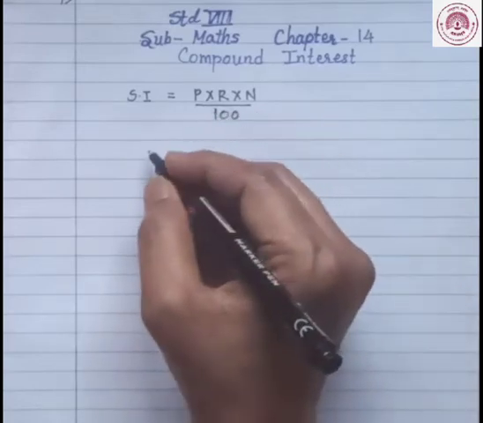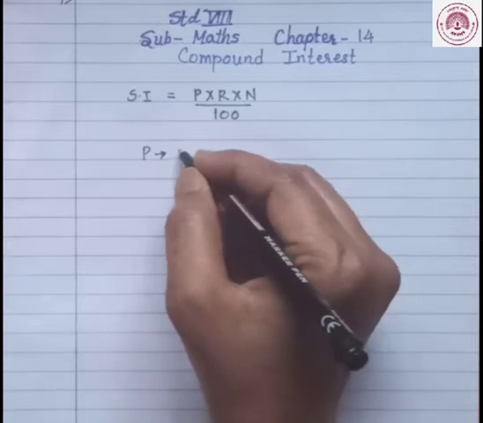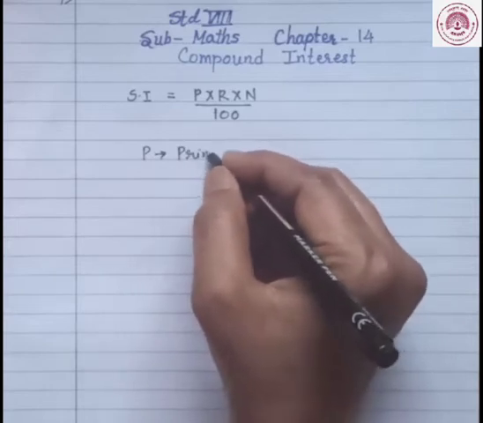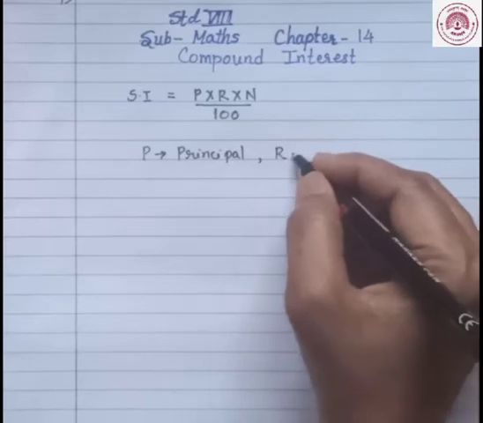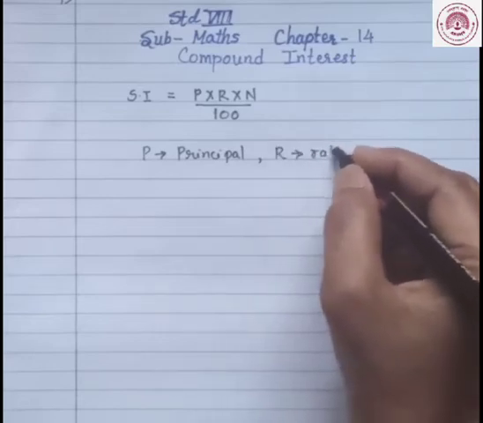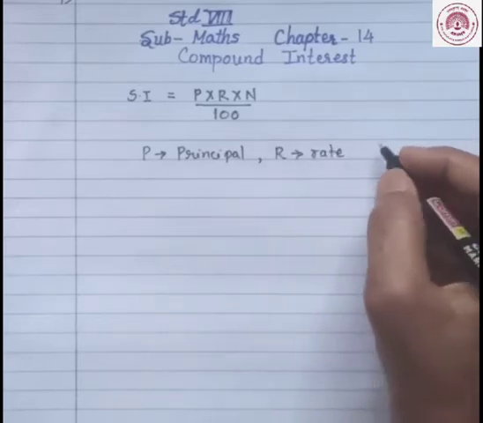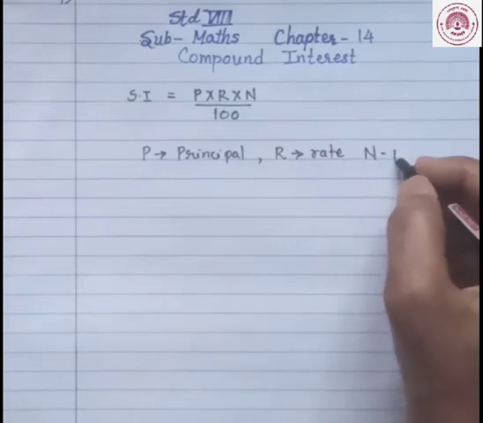Where P is principal, R is rate of interest or rate, N is number of years.